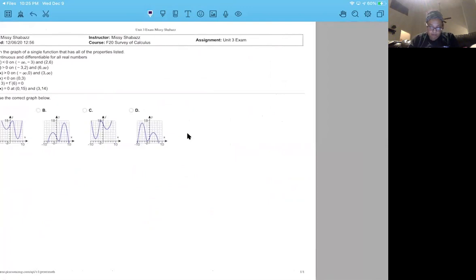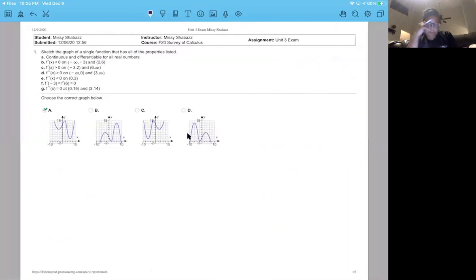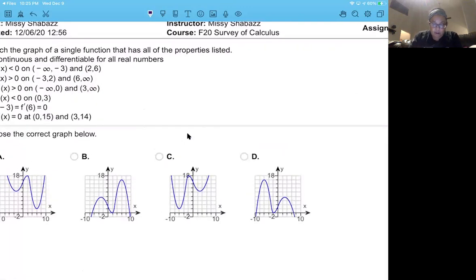All right. I guess we didn't do this one. So it says sketch the graph of a single function that has all the properties listed. Continuous and differentiable for all real numbers. That's true for every single one of those graphs. F prime of x is less than 0 from negative infinity to negative 3 and from 2 to 6. So it's decreasing on those two intervals.